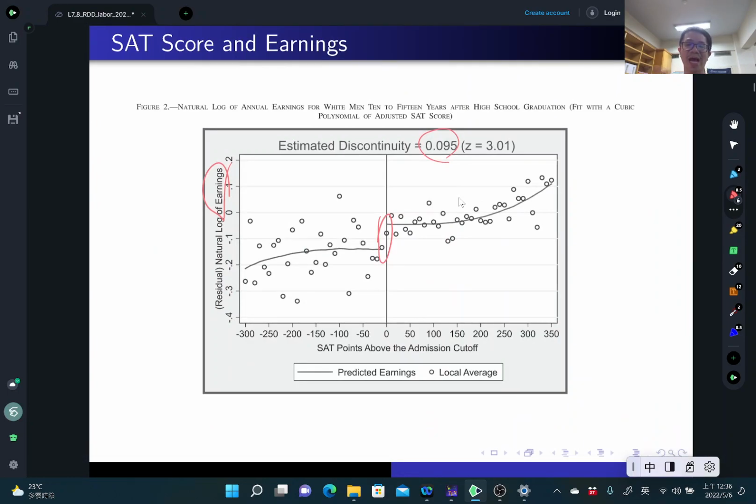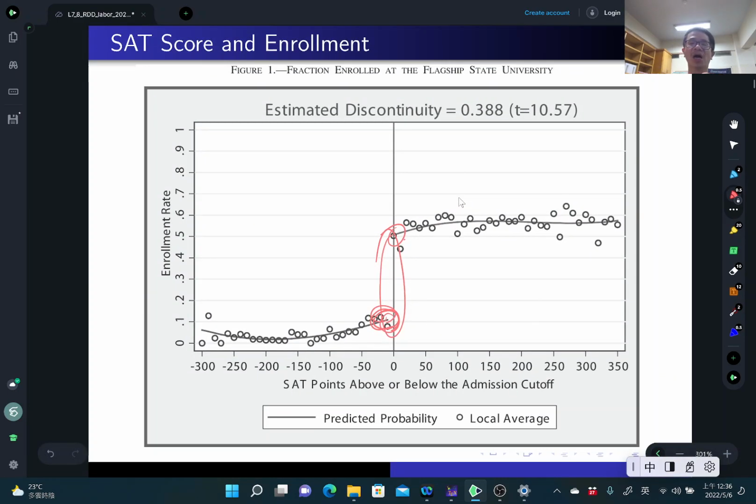The assumption behind this is that around the cutoff, the students are similar. They come from very similar family backgrounds and might have very similar ability. The only difference is that one gets a few more SAT points and one gets fewer, so one enters the good school and one enters the second-tier school.